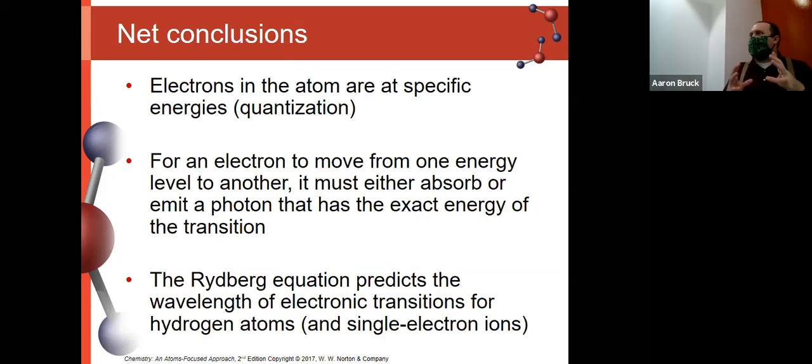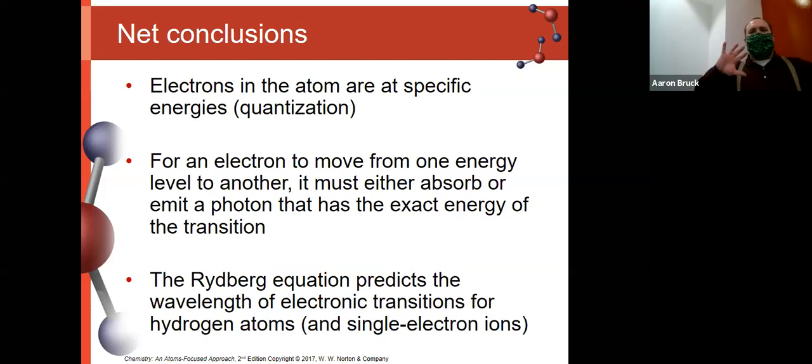So if I have helium and I take one of the electrons out of helium, and it goes from 2 electrons down to 1, then the Rydberg equation becomes viable. If I take lithium, which has 3 electrons usually, and I take 2 of them out, that one remaining electron in the lithium 2+ ion would behave according to the Rydberg equation.